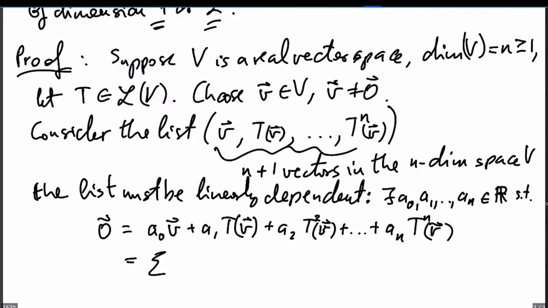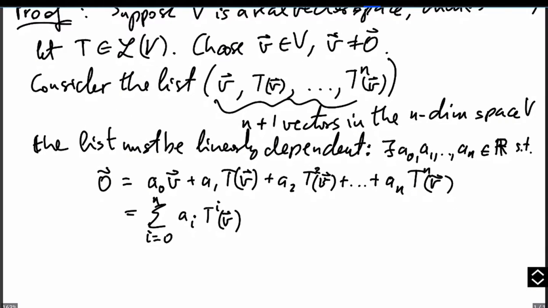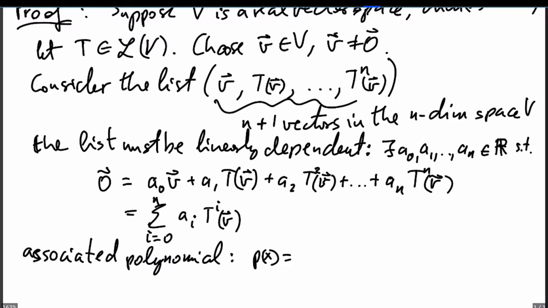This can also be written using the sigma notation, i going from 0 to n, of ai T^i v, using the notation T^0, which is just the identity operator. Then we can define an associated polynomial p(x), which is the same sum with the same coefficients, where the ith power of the operator is replaced with the ith power of the variable x.